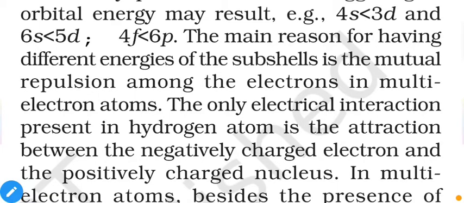The least number of electrons is present in the s orbital, only 2. That means the least repulsion will occur. In p we have 6 electrons, so 6 electrons will repel each other. That means comparatively higher repulsion and higher energy.